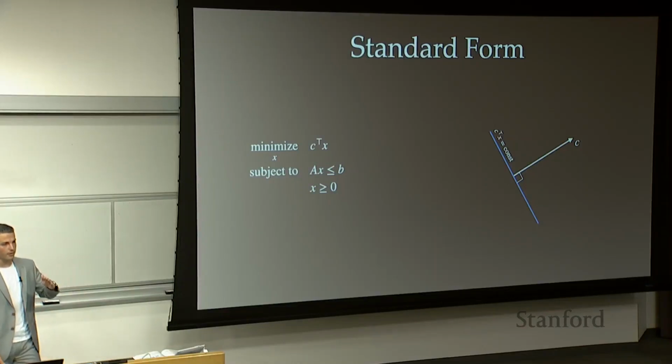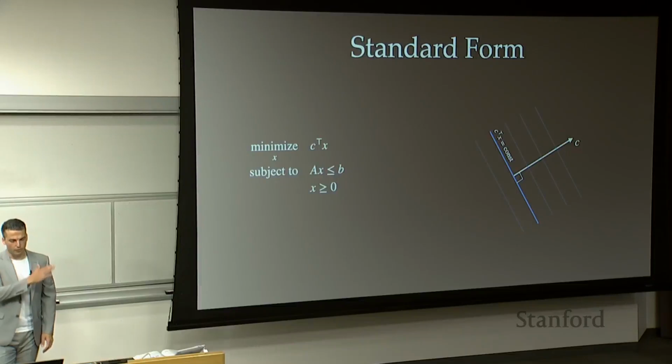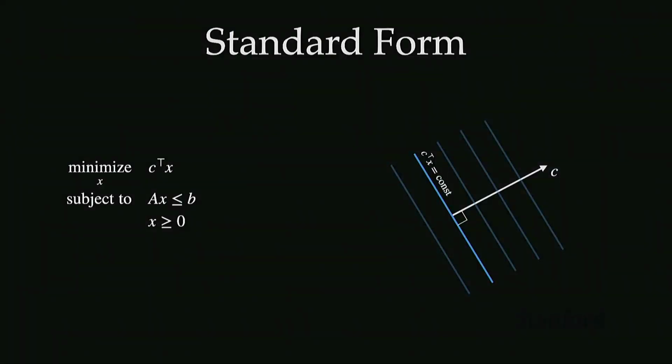And we know that that's going to be perpendicular to the gradient of our objective. We can look at several different contour lines, and those are just different lines of c transpose x equal to a constant. You'll notice that they are all perpendicular to this c vector that we've drawn there. So that's the visual representation of our objective.